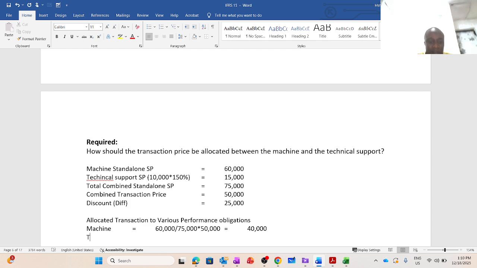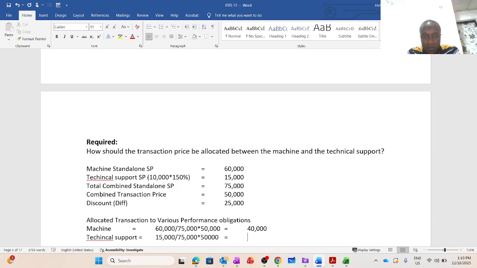Then the technical service, the technical support, will equal 15 divided by 75, multiplied by 50, which will give us 10,000.